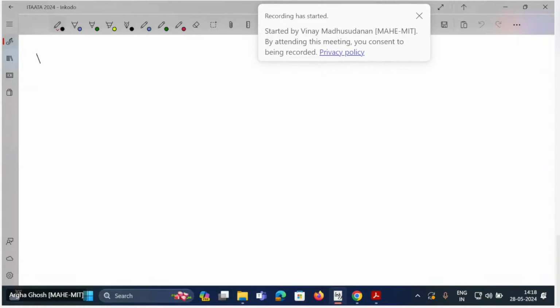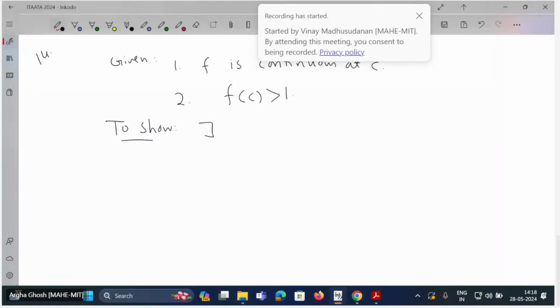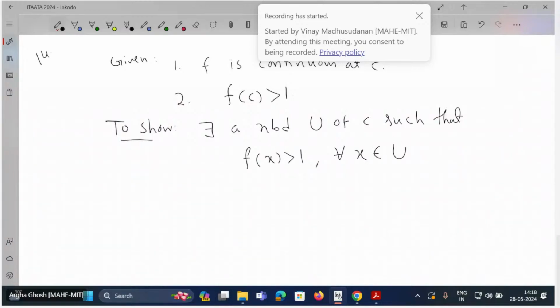So I am giving you what is given to us. Question number 14. Given that, one, f is continuous at C; second, f(C) is greater than 1. What you have to show: there exists a neighborhood U of C such that f(x) is greater than 1 for all x belonging to U. Okay.